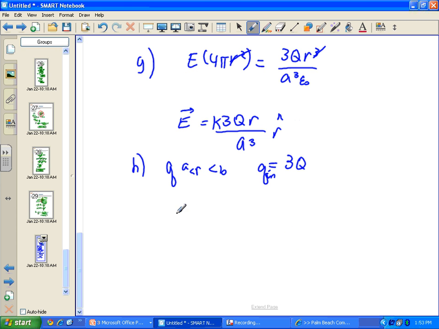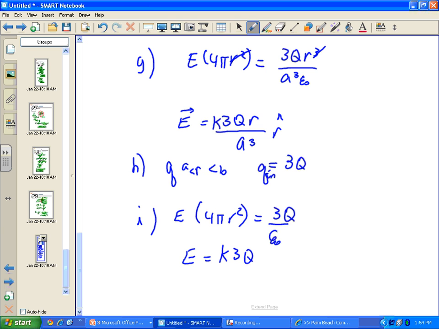And if we want to get the electric field, E times 4 pi r squared equals 3Q over epsilon naught, and this becomes E equals, 4 pi epsilon naught is K, 3KQ over r squared in the r hat direction.